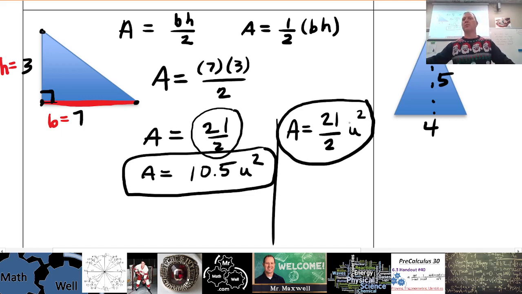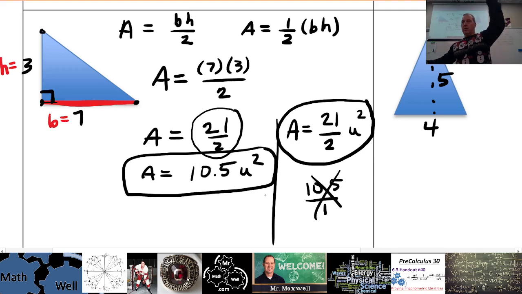Remember, in reduced fraction form, there are no common factors on the top and bottom, so you can't divide both numbers by the same thing and get another set of whole numbers or integers. And there are no decimals in a fraction, so you couldn't write 10.5 over 1. That's not a simplified fraction. This would be the simplified fraction, okay? That's the decimal.